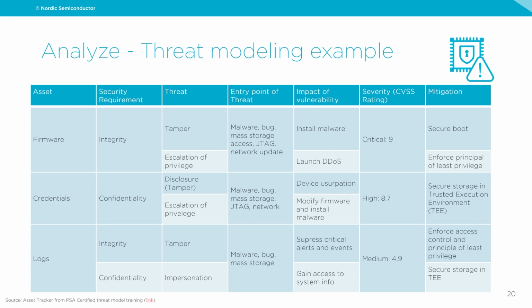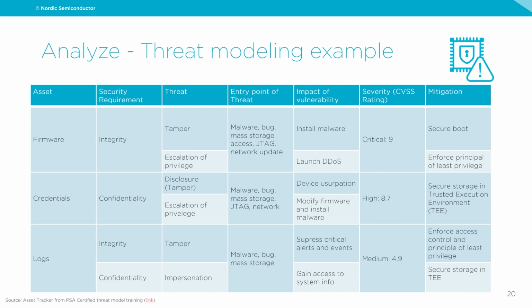And then the last asset, as an example here, is logs. For the logs there are actually two security requirements: integrity and confidentiality. Against the loss of integrity, the threat of tampering has been identified. Against confidentiality, the threat of impersonation. Again, similar entry points: malware, a bug, or access to mass storage.